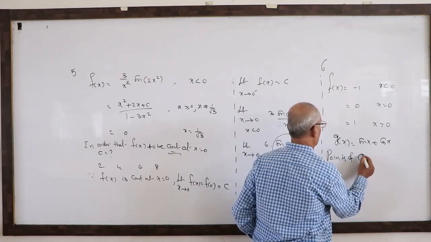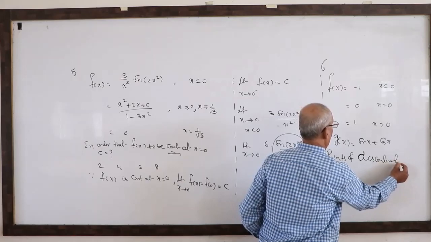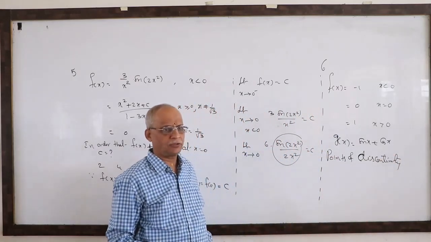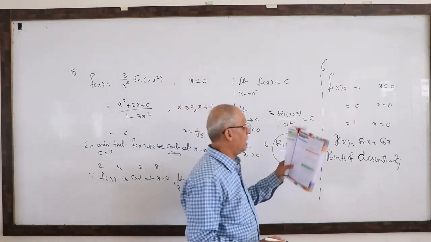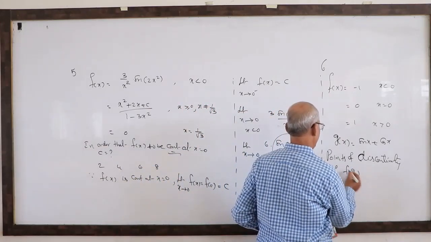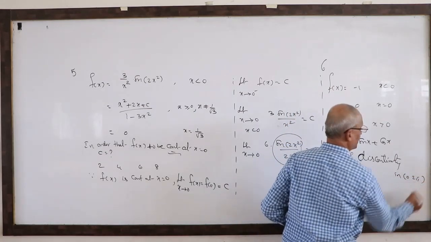Points of discontinuity, what is the meaning? Point of value of x where f of x is discontinuous, of the function f circle g of x in the interval 0 to 2 pi.